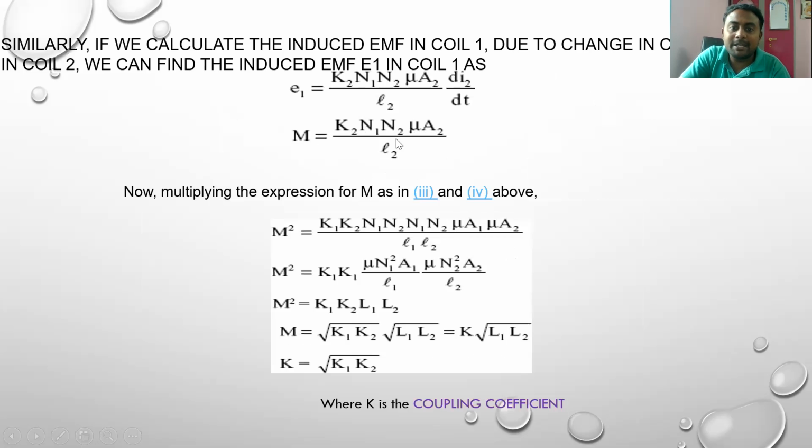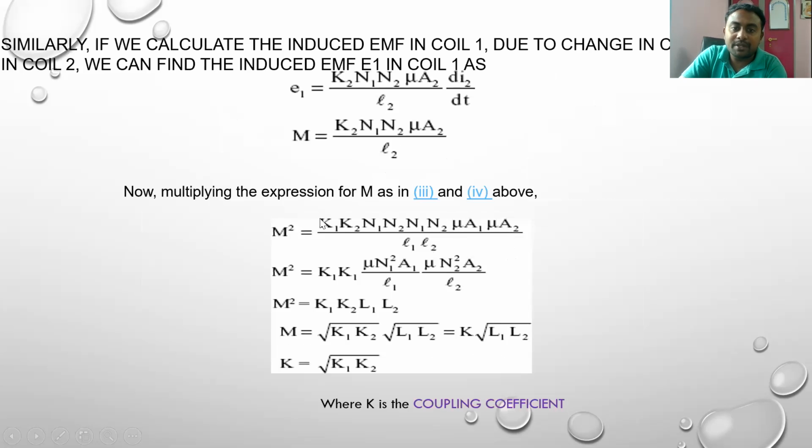Because this is M12 and this is M21, and we know that M12 equals M21 equals M, if I multiply these two, I get M square as K1 K2 into N1 N2 into N1 N2 into mu A1 mu A2 by L1 L2.